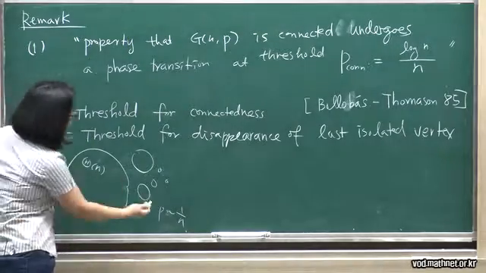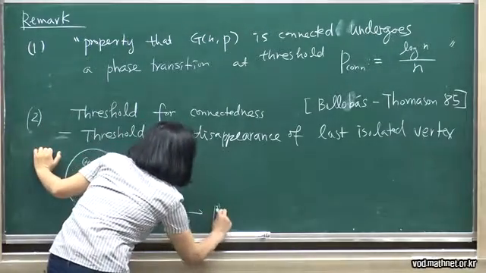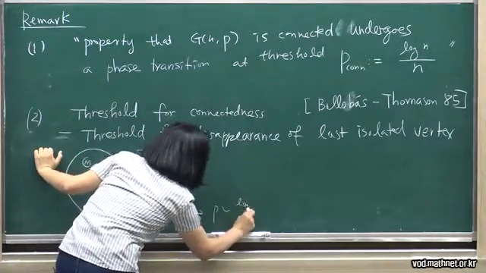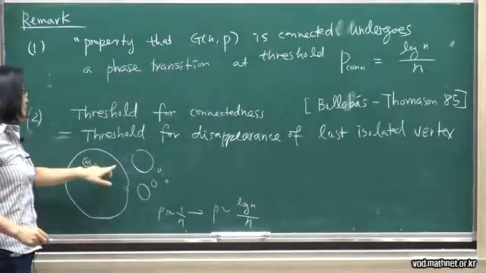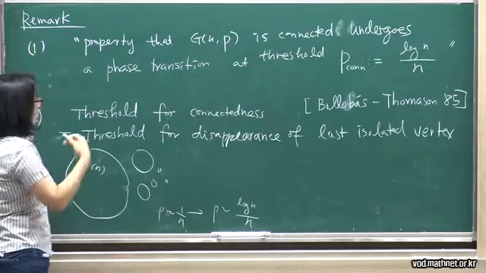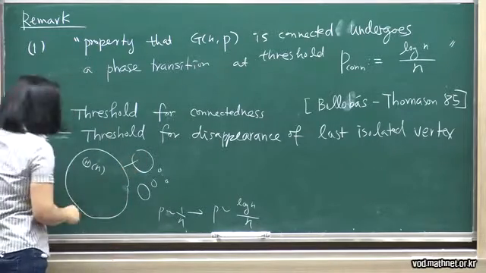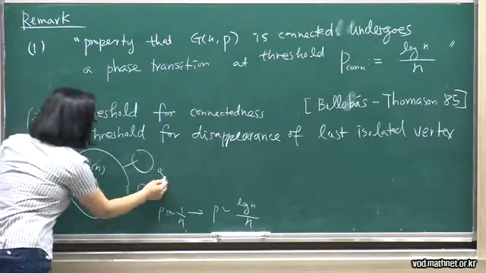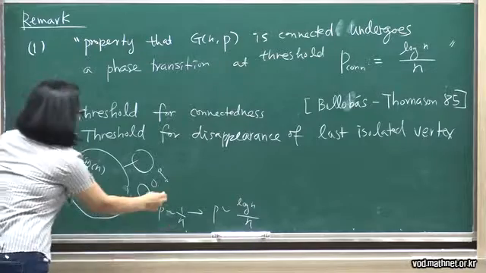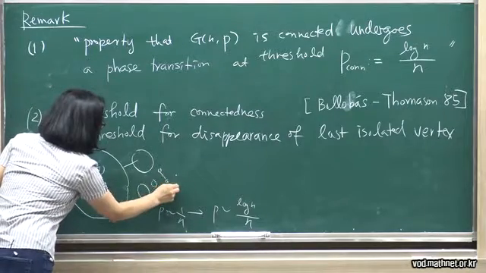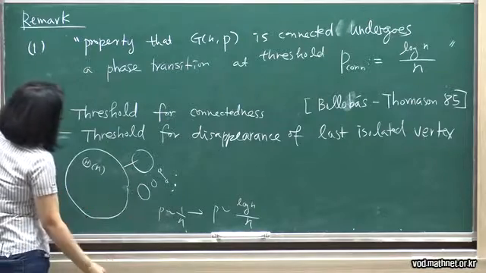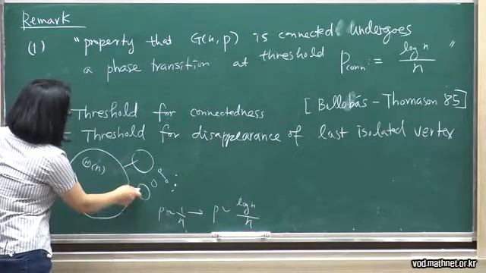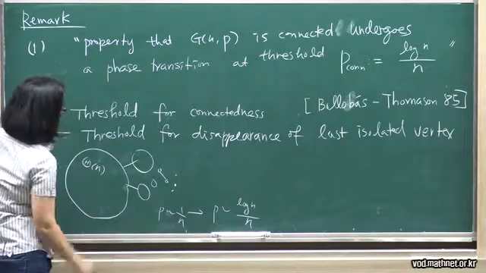So if you throw in more edges, so that our edge probability becomes roughly log n over n, around this time the larger components are more likely to be connected, rather than the small ones. If I add more edges, it's more likely that the larger one gets attached to the larger one, and so on.